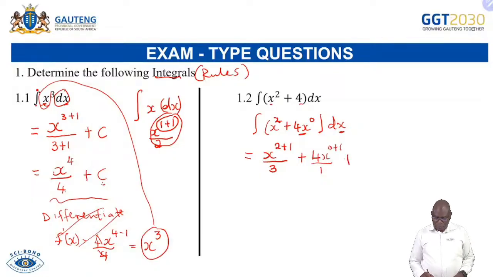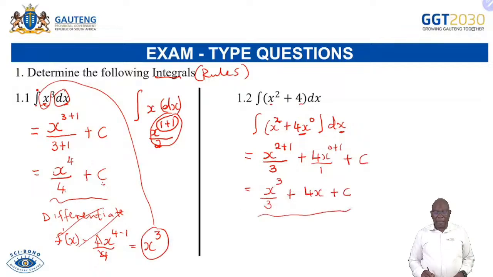Then I must not forget, because I'm integrating now, I must put a plus c. So x to the power of 3 all over 3, plus 4x to the power 1 divided by 1 is 4x. So my answer will be 4x here. Must not forget to put the c there.